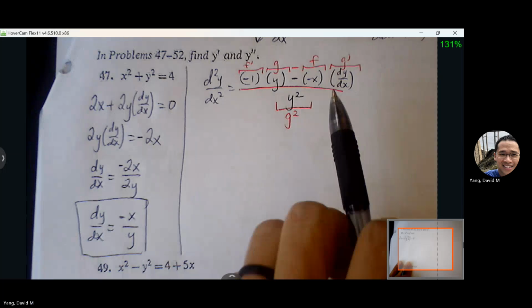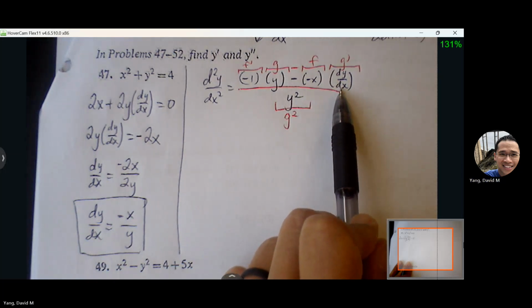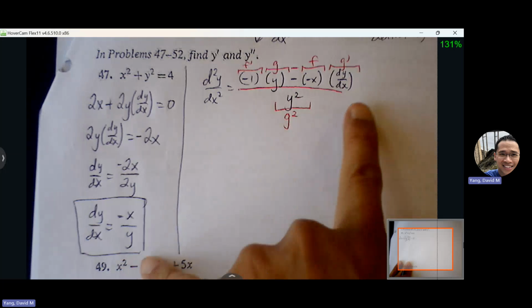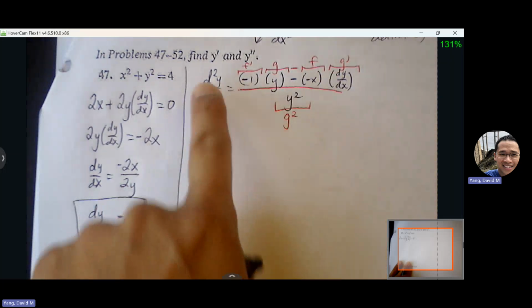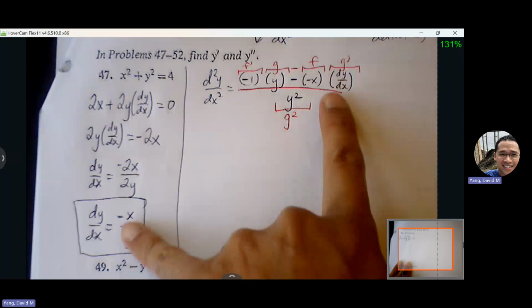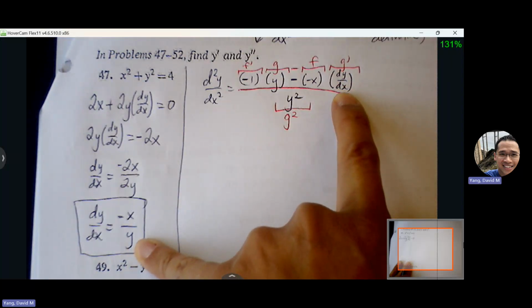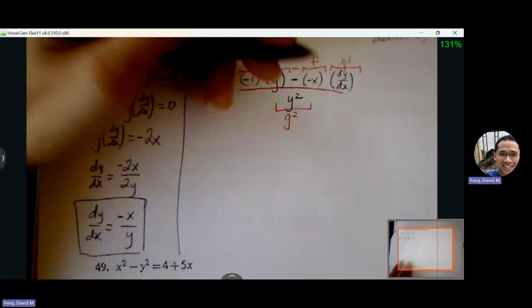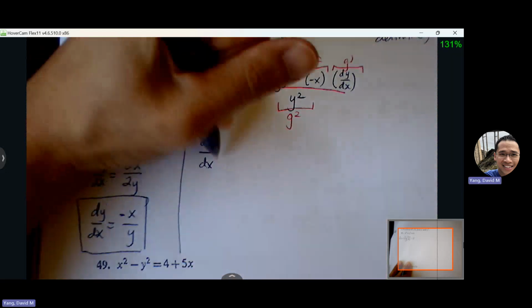Okay. What do you think I can replace dy dx with? Yeah, -x over y. So we're going to try to represent our second derivative purely in terms of x and y, and we can do that because we have a substitution available for dy dx, which is -x over y. It's going to create a complex fraction, but we'll just work through it step by step.